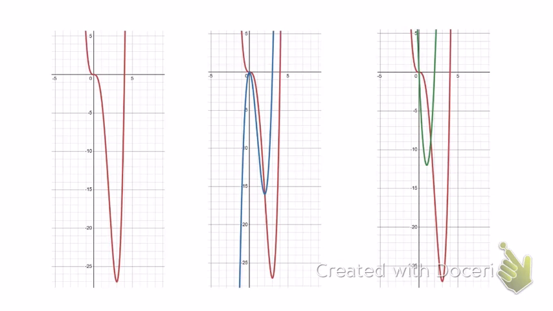Is what you've got for the second derivative supported by this graph? Yeah. Are we okay so far? So what does that mean?